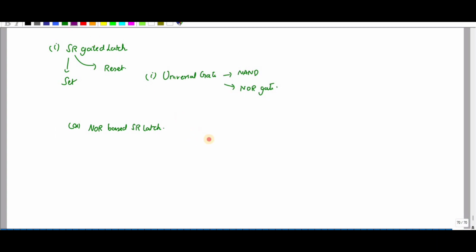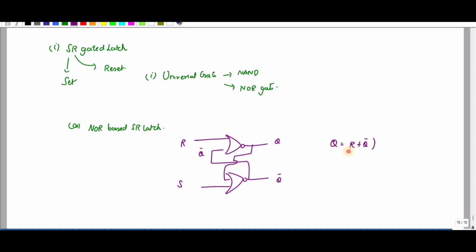So the circuit diagram looks like this. Okay, this is your NOR gate. Okay. So these two are your NOR gates. So what is Q? Q is nothing but R plus Q bar, the whole bar.